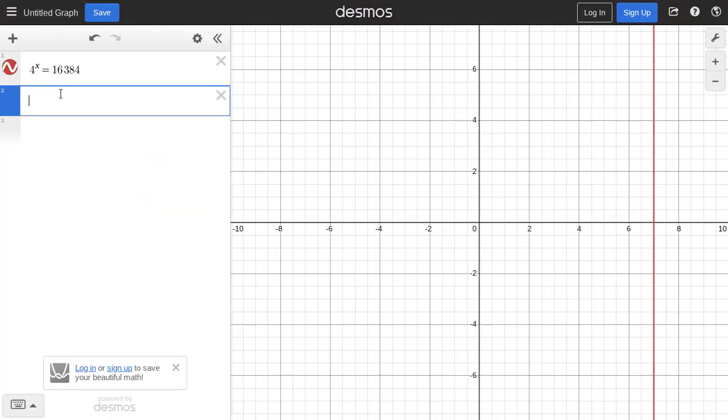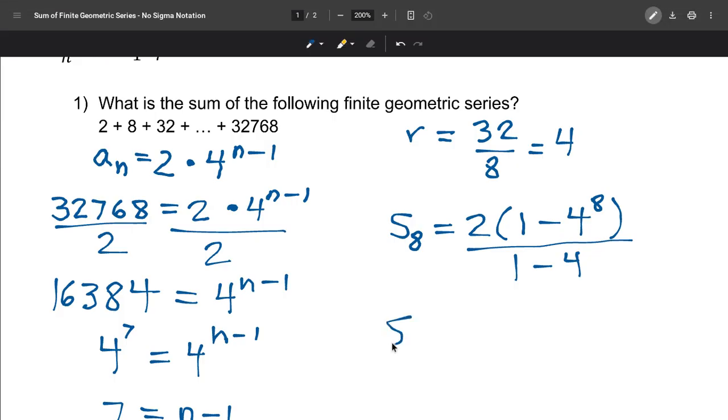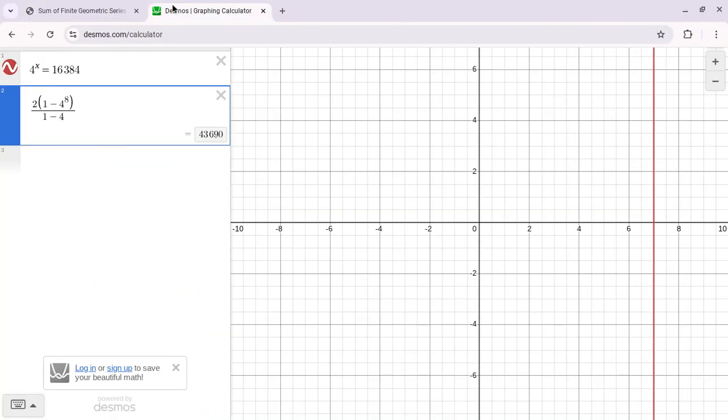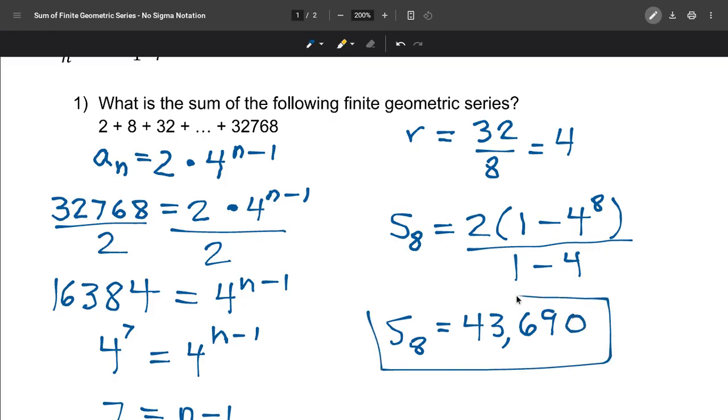We'll say 2 times 1 minus 4 to the 8th power, and then we'll make that all over 1 minus 4, and we get 43,690 as our sum. Let's just check. So 43,690, and that's our solution to that first problem.